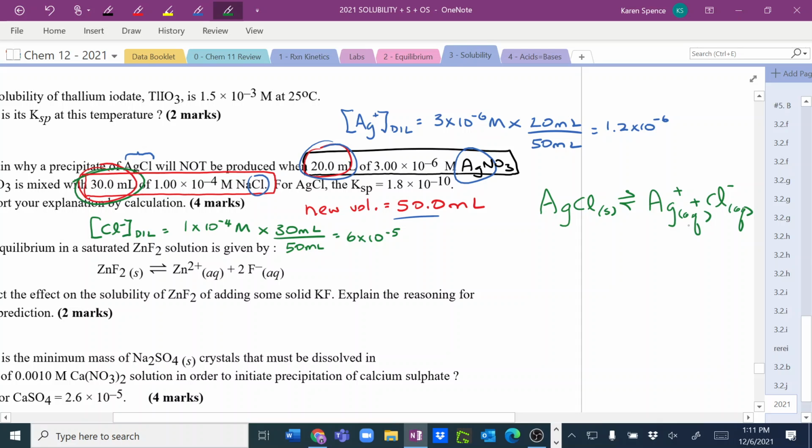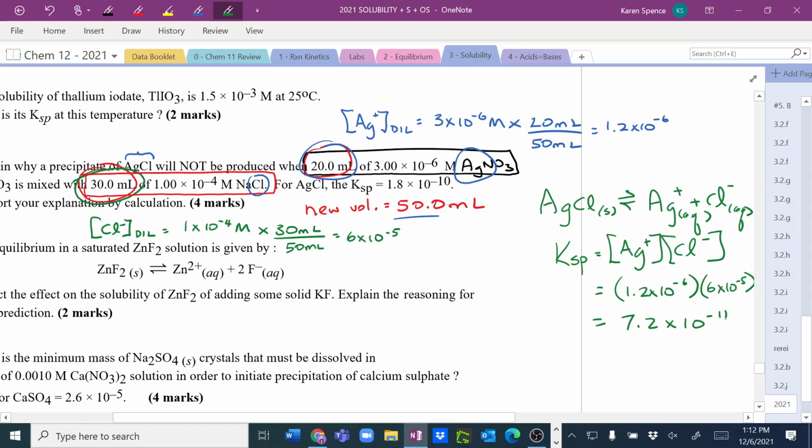KSP is Ag plus times Cl minus, which is going to equal 1.2 times 10 to the negative 6 times 6 times 10 to the negative 5, which is 7.2 times 10 to the negative 11.